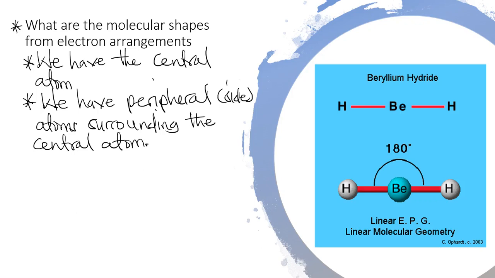So we must have a central atom, and then we must have side atoms that surround this central atom.